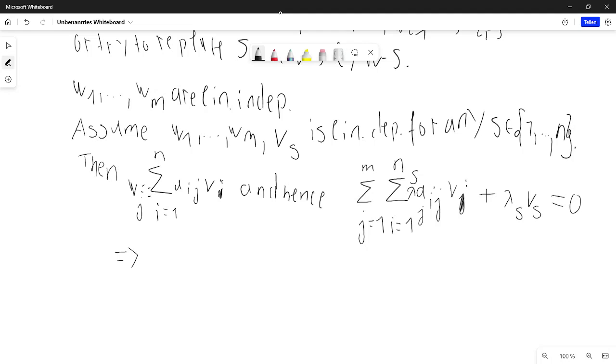What does this give? Well, if you pay attention, you will notice that what we have obtained is exactly, if we consider linear independence of those v_i's, right?